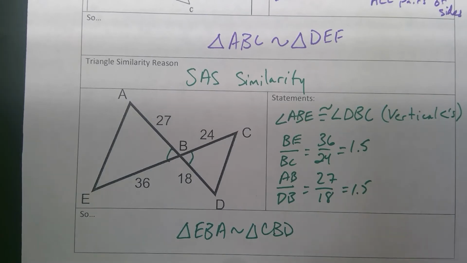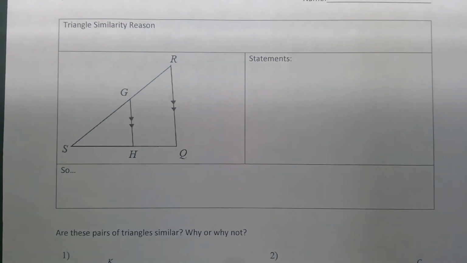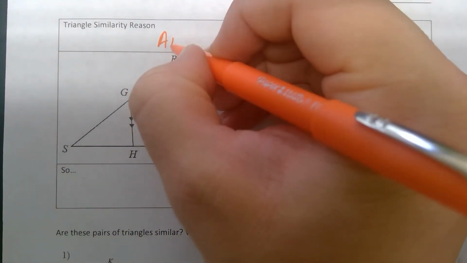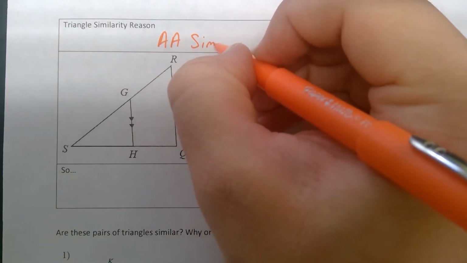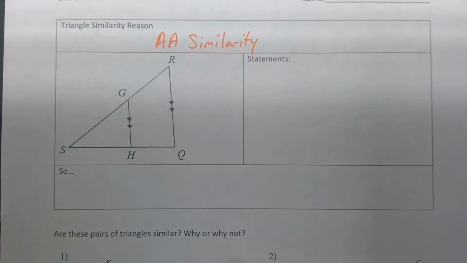So we've got two triangle similarity reasons so far, and we have one more. You know, say, Mr. Herman, we have a lot more congruency ones. So I'm like, we do, but there's something special about similarity because with triangles, we only need to show that two angles are congruent.